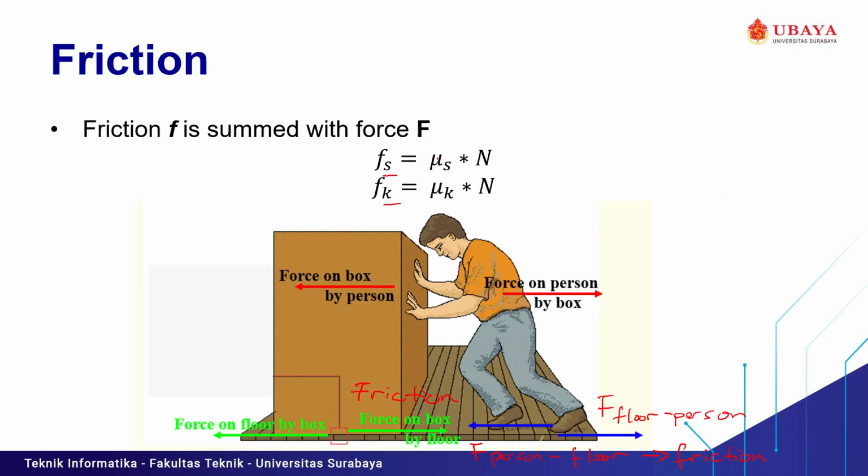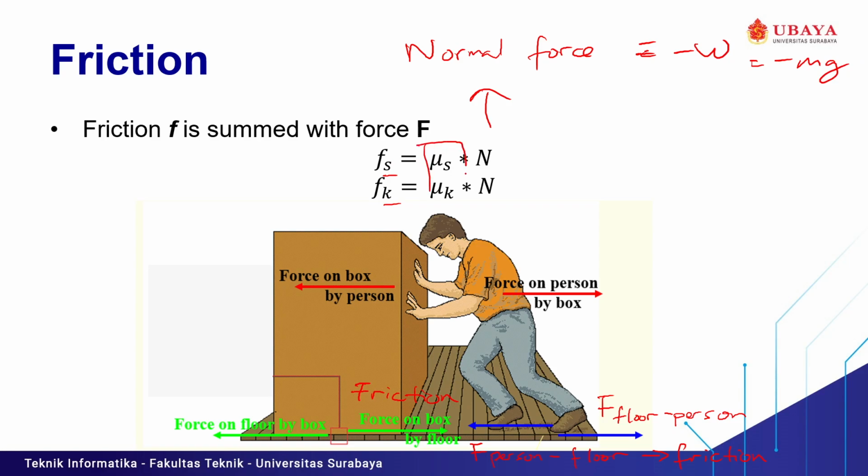Fs equals mu s times N. N is the normal force in this case, which equals negative W, or negative m times g.